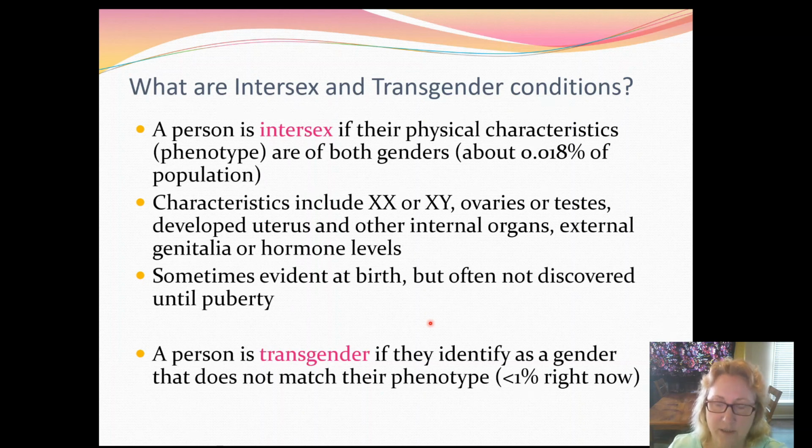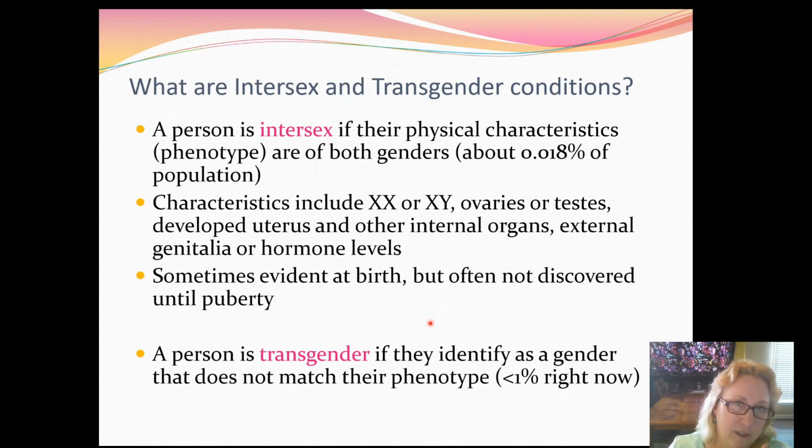So intersex means that a person's physical measurable characteristics, their phenotype, they have one or more of each gender. So there are certain physical characteristics like what your chromosomes actually are. Are you XX or XY? Do you have ovaries or testes? Do you produce eggs or sperm?